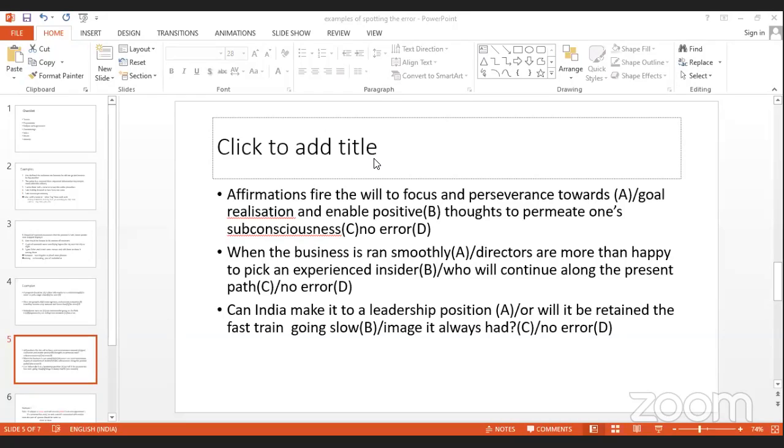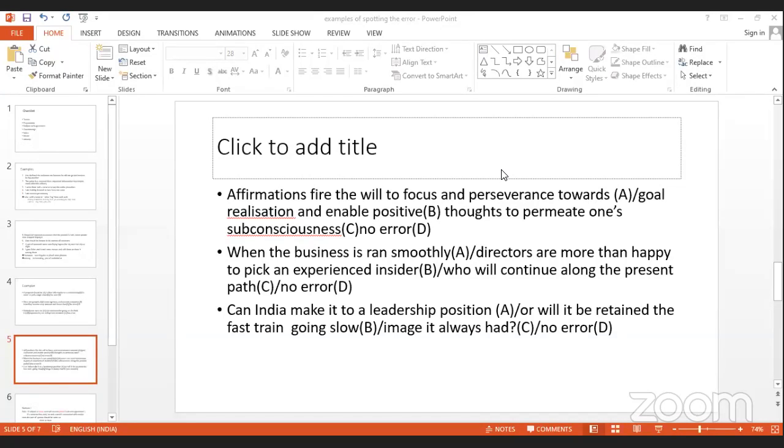Affirmations fire the will to focus and perseverance towards goal realization and enable positive thoughts to permeate one's subconsciousness. Now, I'm not sure if you have understood this sentence. It's a little difficult sentence, but if you read each and every sentence properly, you will understand the meaning.